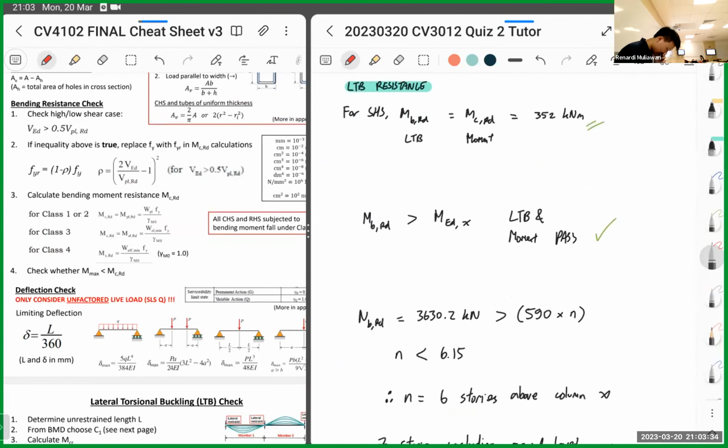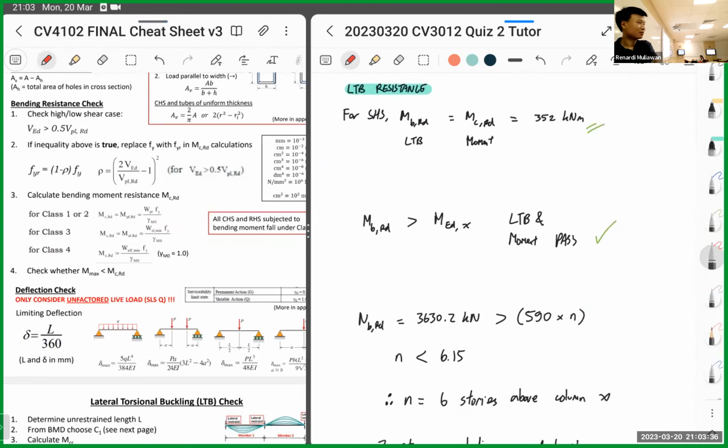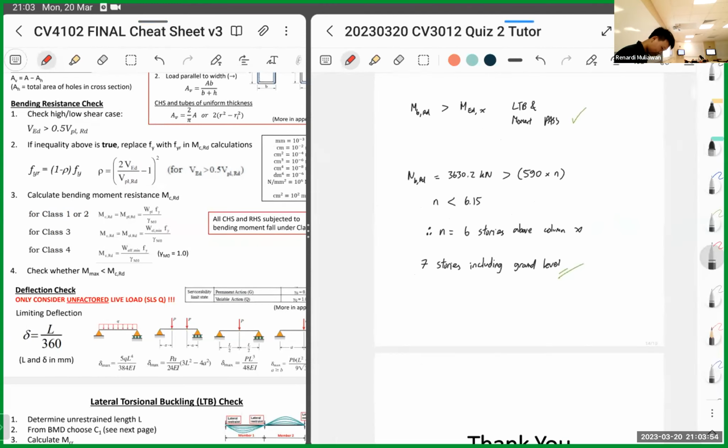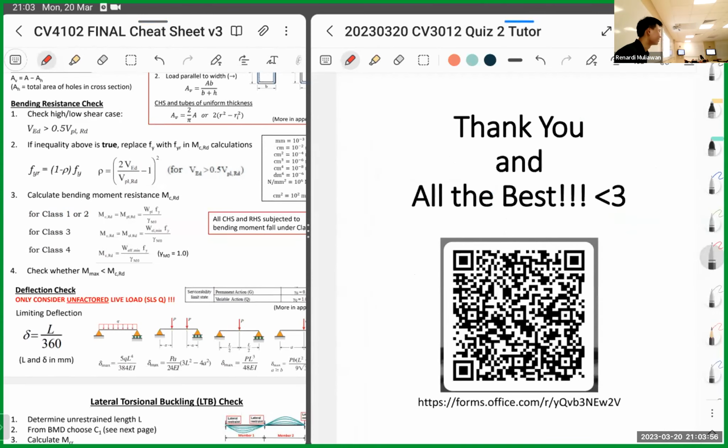Okay, this one I think I'll check again. But for now it's like this. So you find the number of stories from the buckling actually, because for moment they only consider one level, while for the axial they consider all the top levels. That's why you use the buckling one as a reference. That's all I had for today.